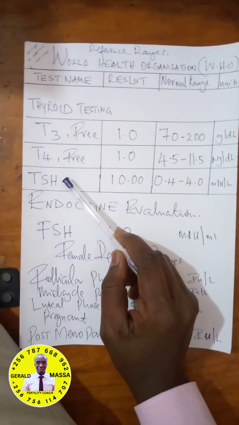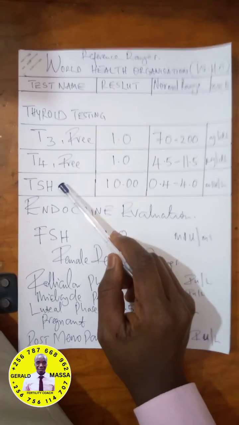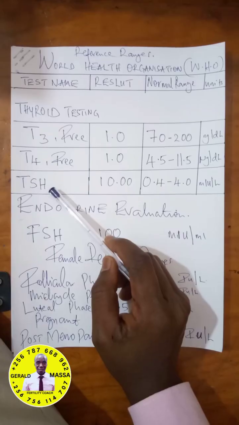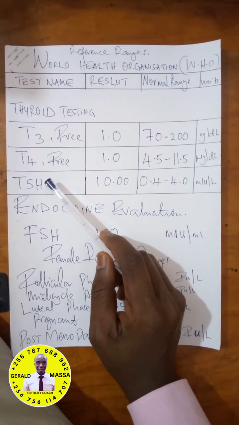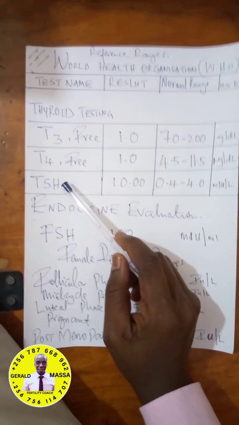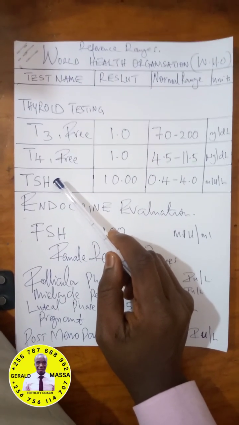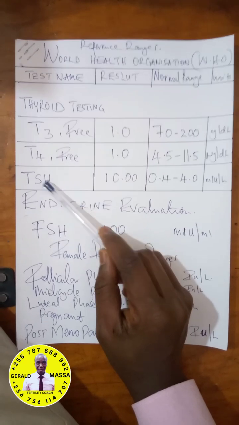That hormone is known as the thyrotropin releasing hormone, TRH. It is released from the hypothalamus, also a small part in your brain. It travels to the pituitary gland, and then it tells the pituitary gland to release TSH.